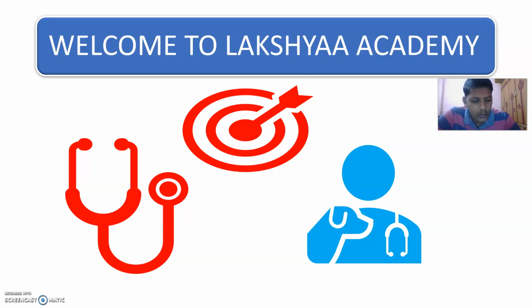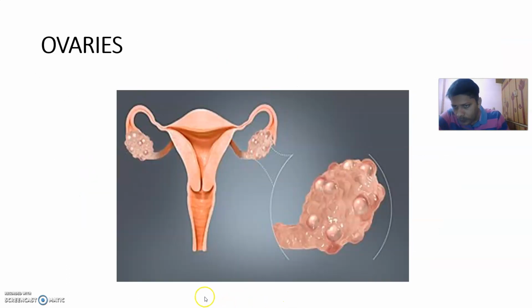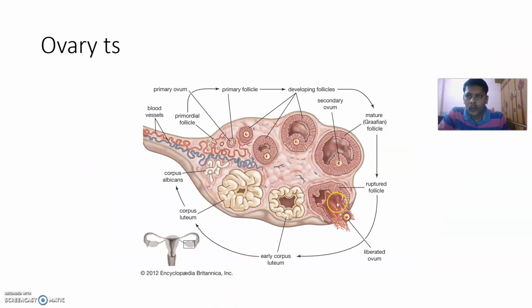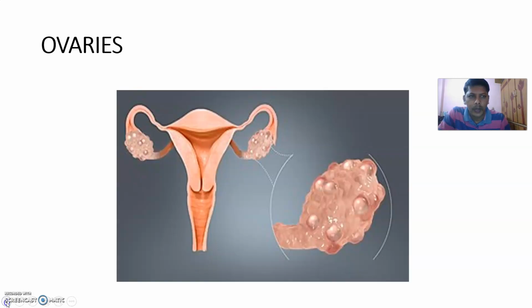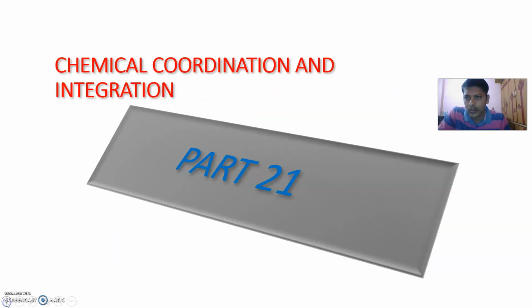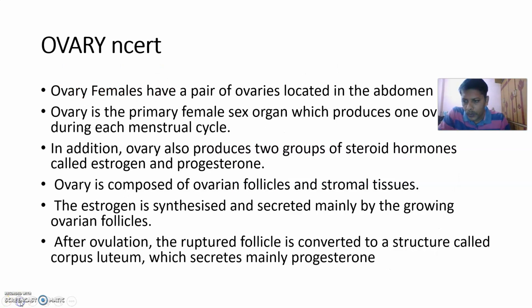In this part, you will learn about the primary female sex organs, which are called ovaries. Ovaries are the female sex organs, and they are primary sex organs. This is part 21.